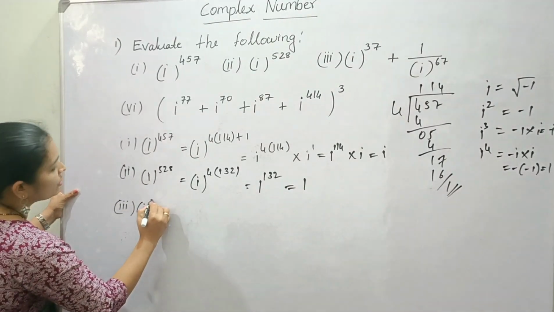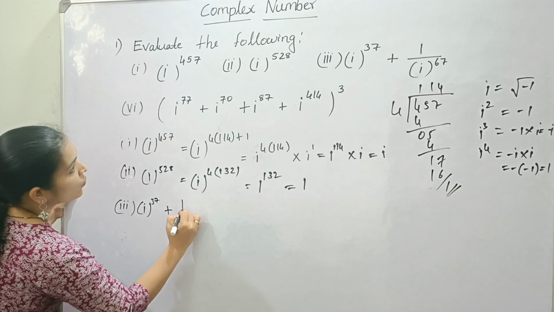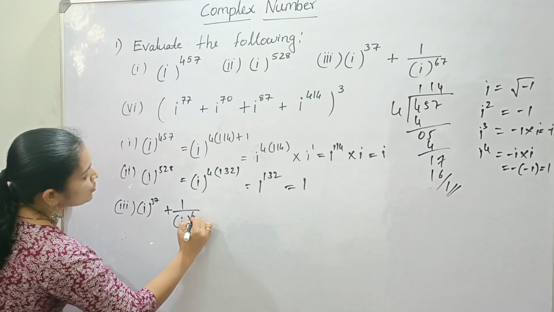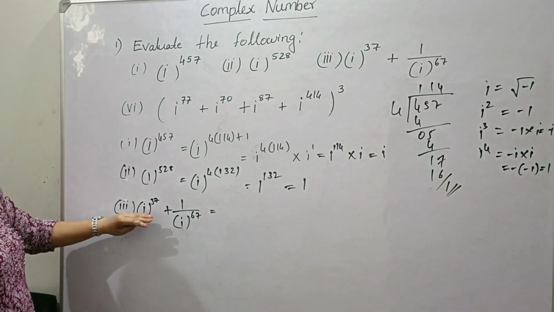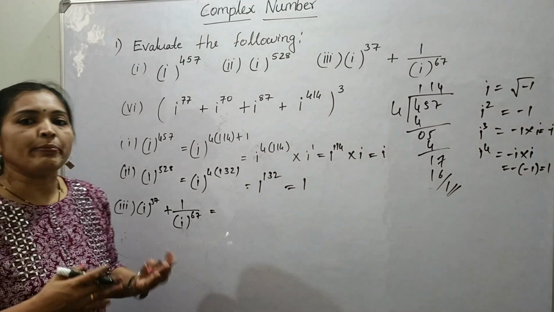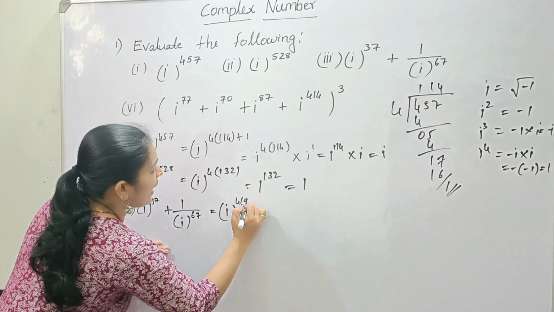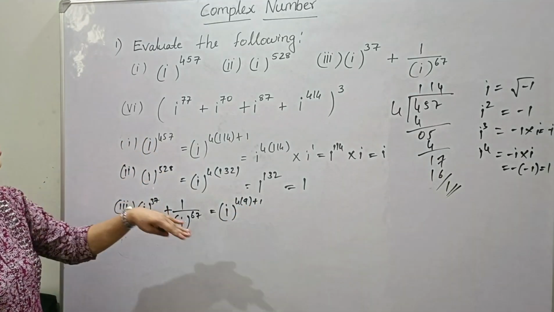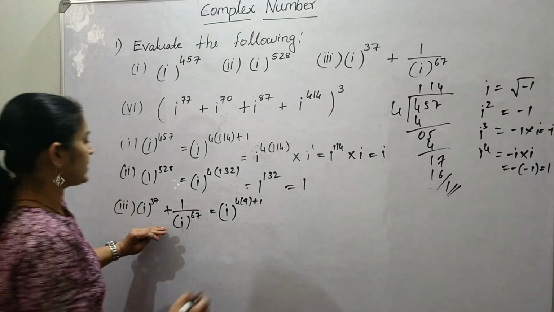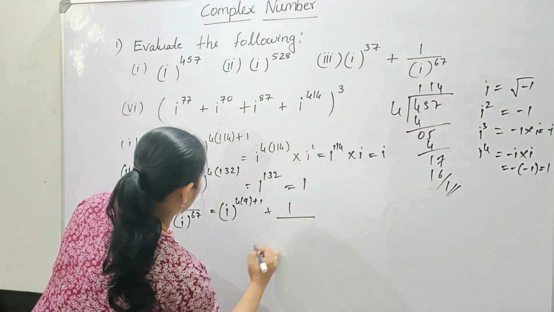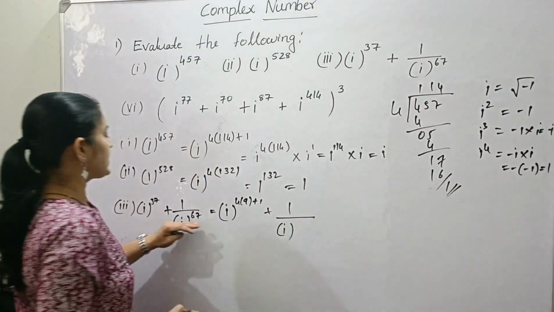Next, the third one: i raised to 37 plus 1 divided by i raised to 67. Here also divide 37 by 4. So it can be written as i raised to 4 into 9 plus 1, right? 4 into 9 is 36, 36 plus 1 is 37. Plus 1 divided by i raised to 67.